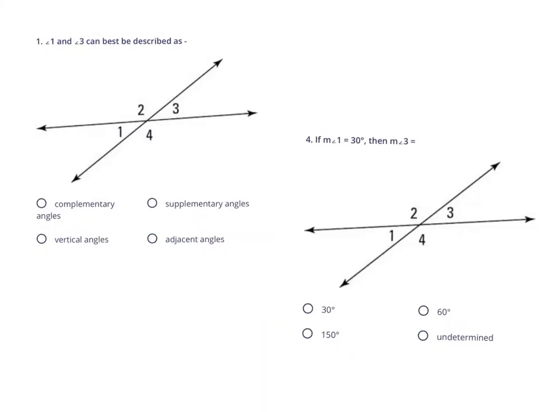Some of the problems will look like this. For example, 1 and 3 can best be described as, are they complementary, supplementary, vertical, or adjacent? So 1 and 3, they're right across from each other. And angles that are across from each other are vertical, which means they're congruent. So looking at question number 4, if angle 1 is 30 degrees, then what would angle 3 be?